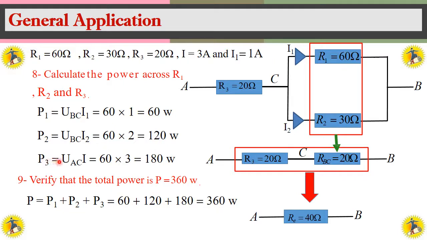P3 equals UAC times I, equal 180. Verify that the total power is P equals 360. So we will write P equals P1 plus P2 plus P3. We will get 360.